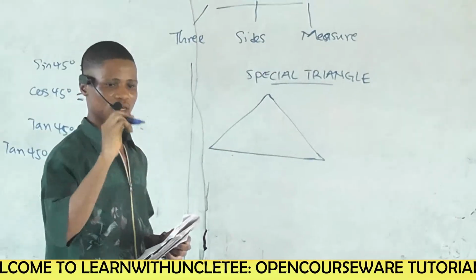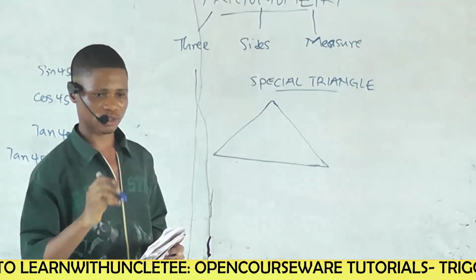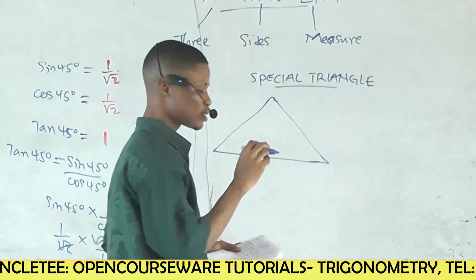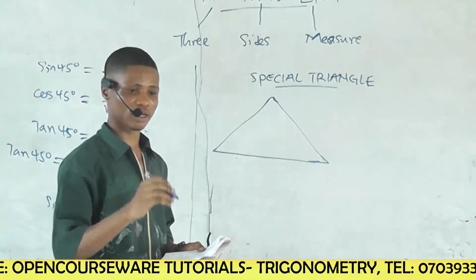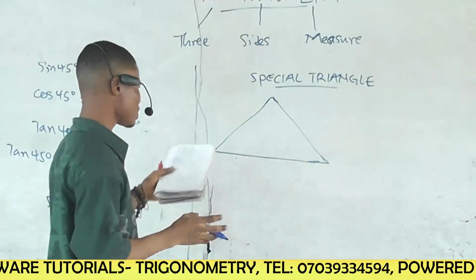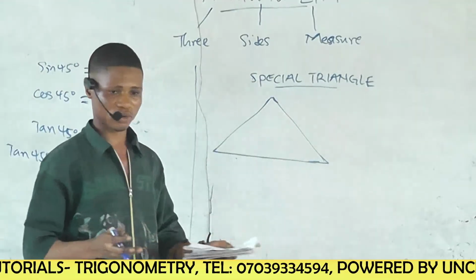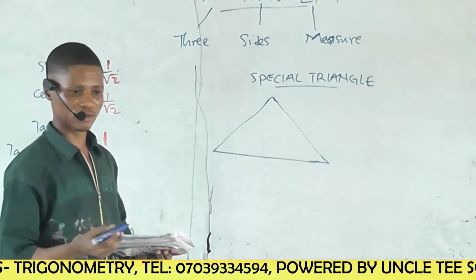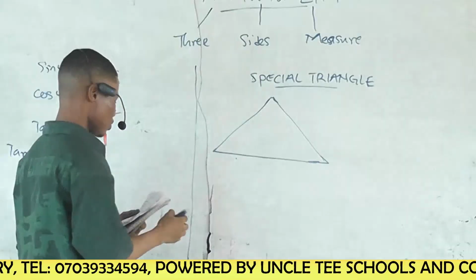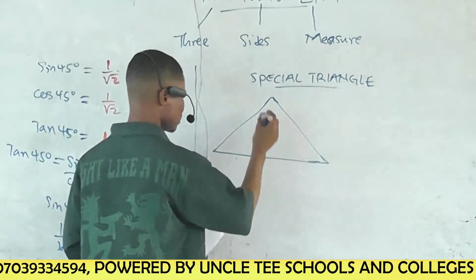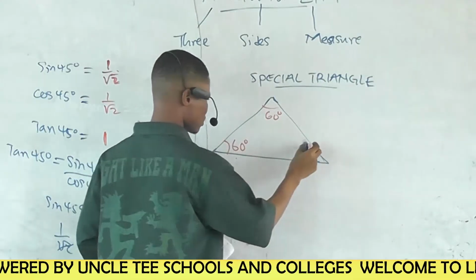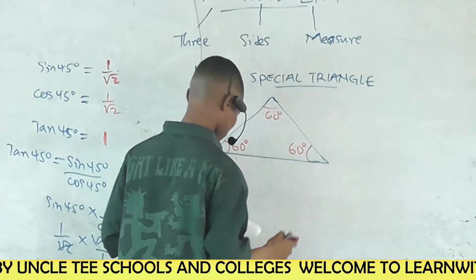And since the sum of angles in a triangle is equal to 180 degree, and once the angles are equal, that means you are dividing 180 degree by what? By 3, which gives what? 60 degree each. 60 degree, 60 degree, 60 degree.